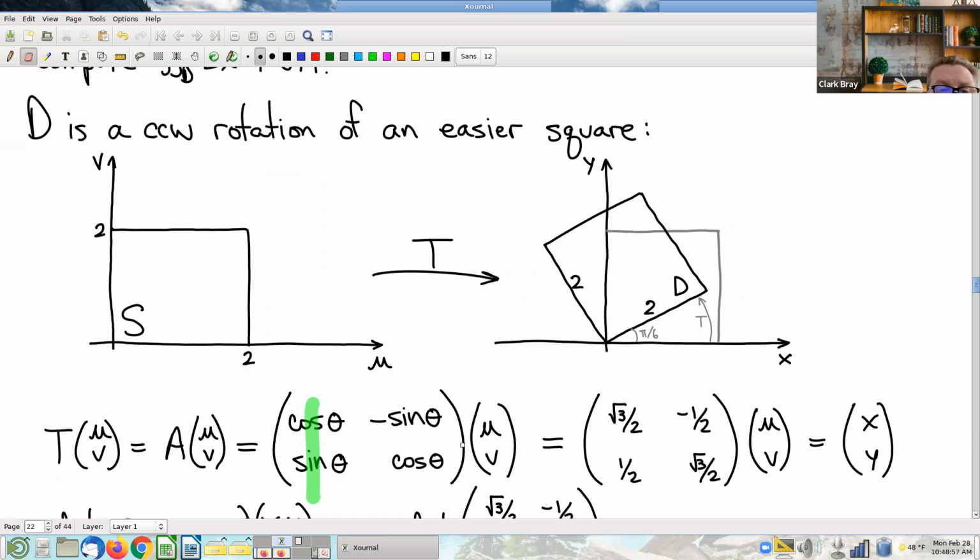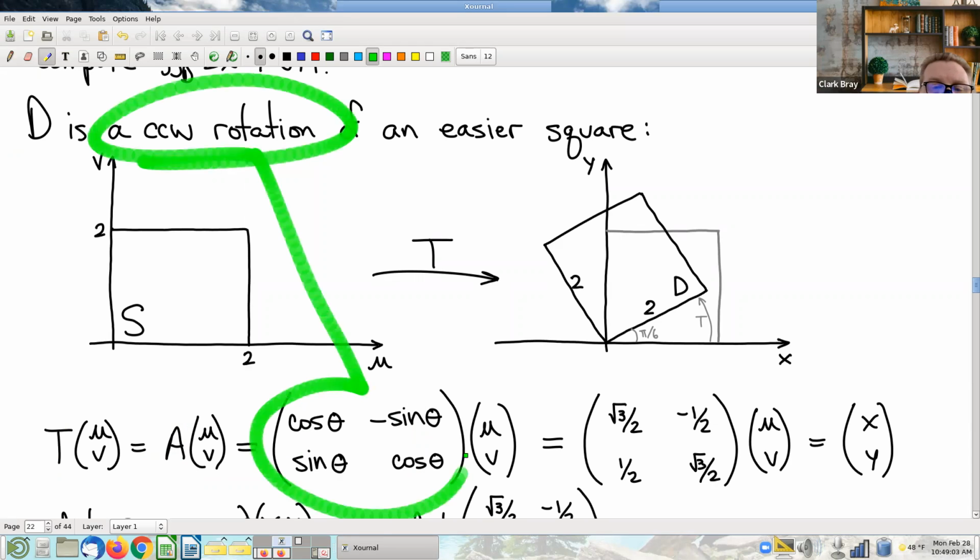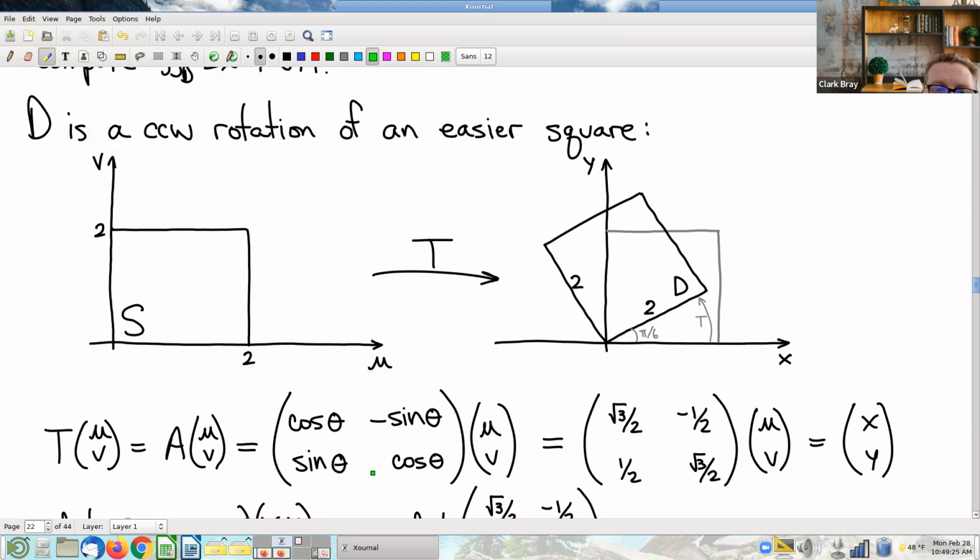So now I do want y'all to think that through on your own. Make sure that you can persuade yourself that a counterclockwise rotation by an angle theta is accomplished by this matrix right here. And again, the connect the dots we just talked through. So make sure that you can do that. I am going to assume going forward that you can write down rotation matrices. And if you have any questions, of course, come to my office hours, any of the instructor office hours, help room, what have you.